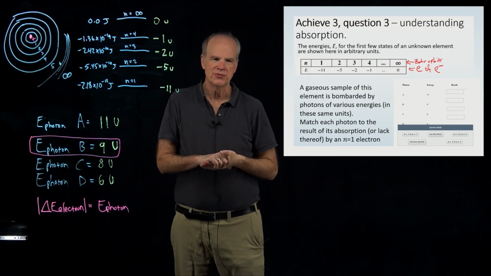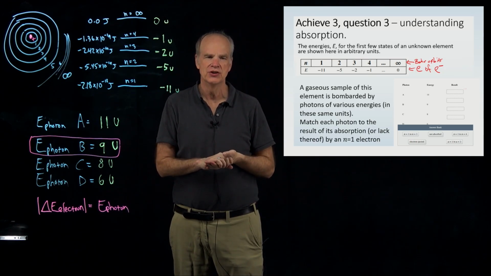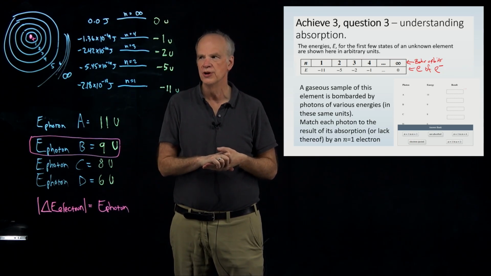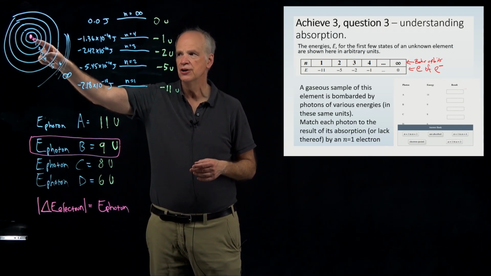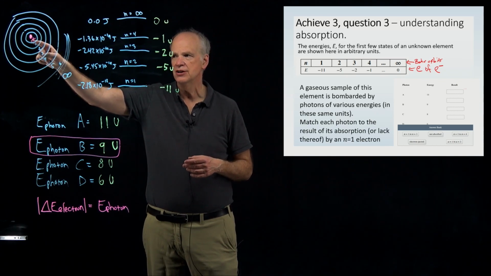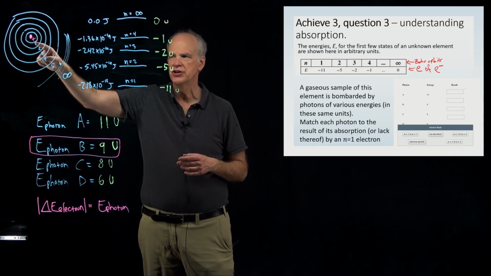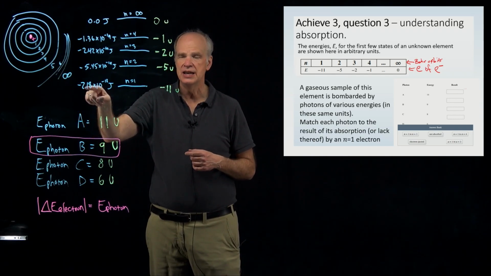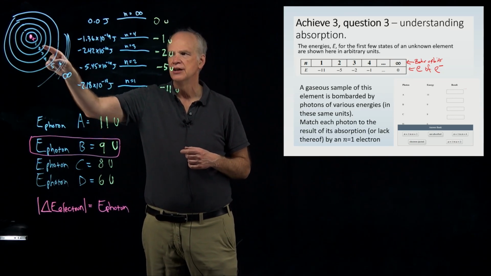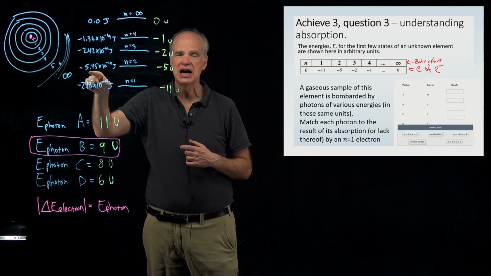Okay, so this problem is in reference to understanding the energies of electrons when they're in various Bohr orbits. And so let me remind you of what's going on here. Here we have the nucleus of an atom. And here is the first Bohr orbit, which is closest to the nucleus. We know that when an electron is in the first orbit, it has this energy, negative 2.18 times 10 to the negative 18 joules. Now, if the electron is in the second Bohr orbit, it's going to have a higher energy.